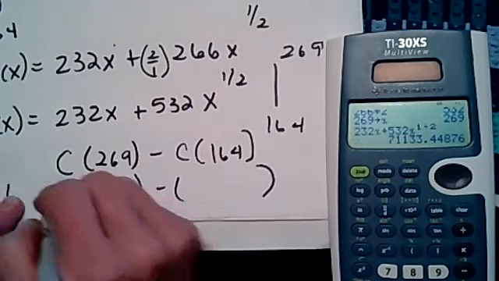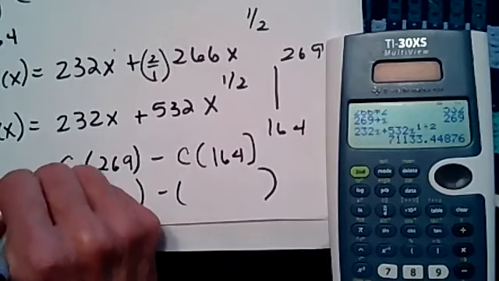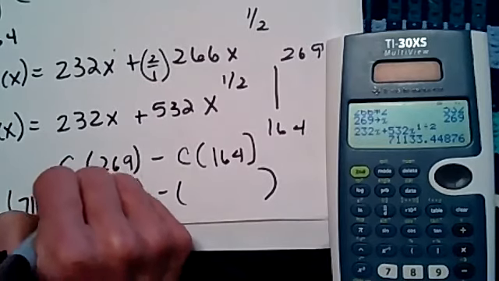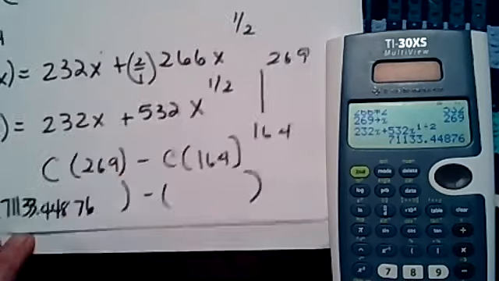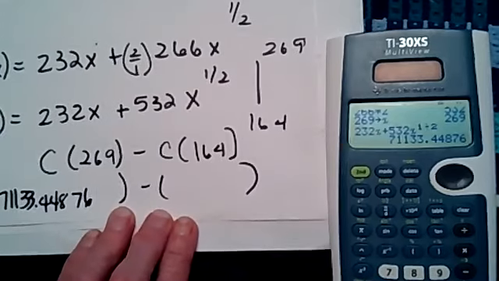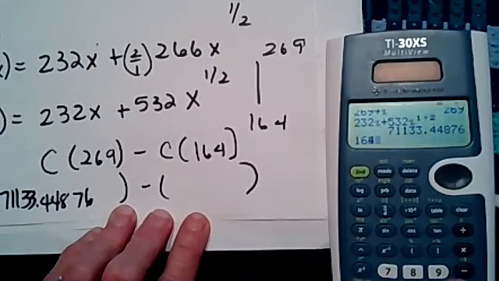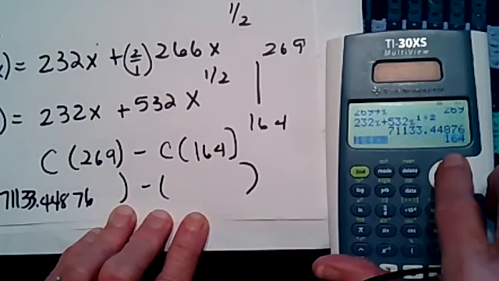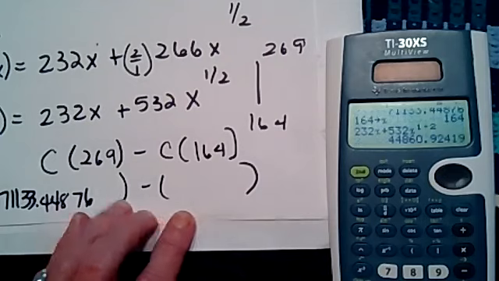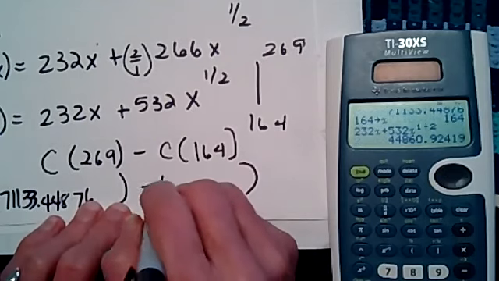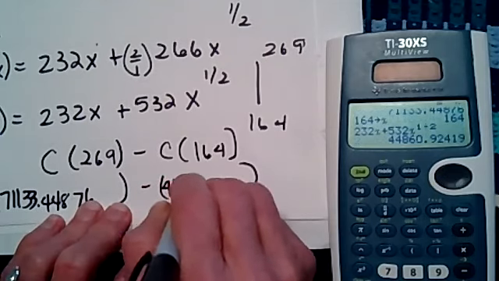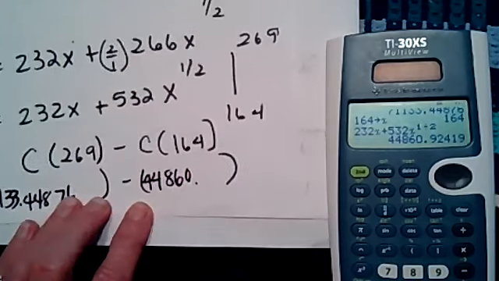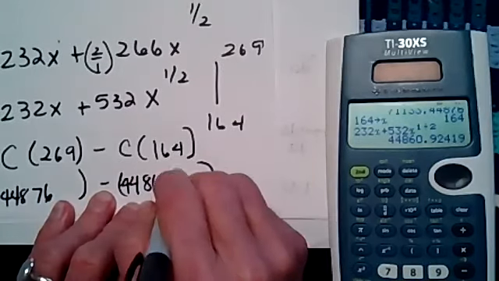Enter. So 71133.44876, and I'll just leave it long and round it at the end. And 164, store for X, and enter. And I go up and I highlight my antiderivative. And I get 44860.9242.